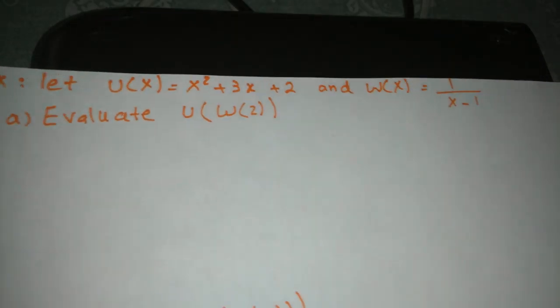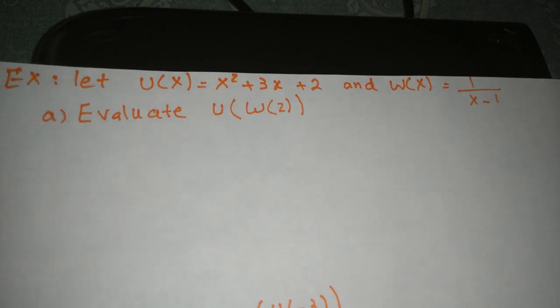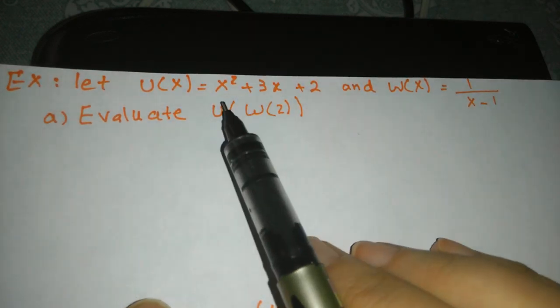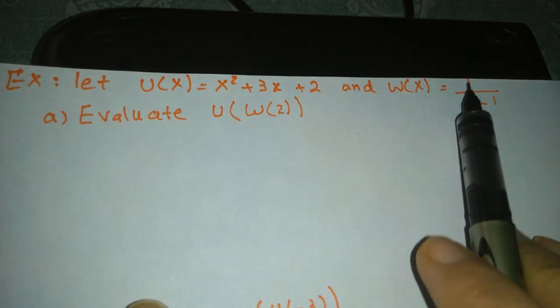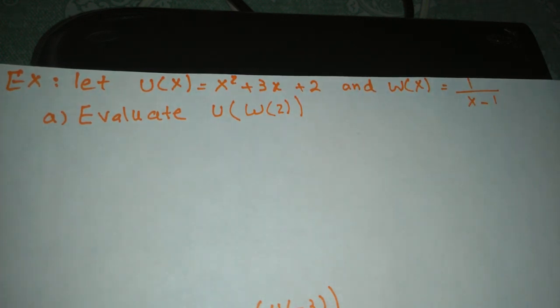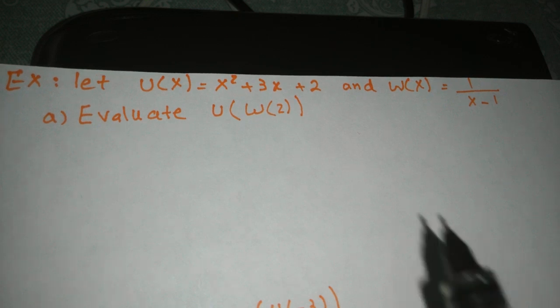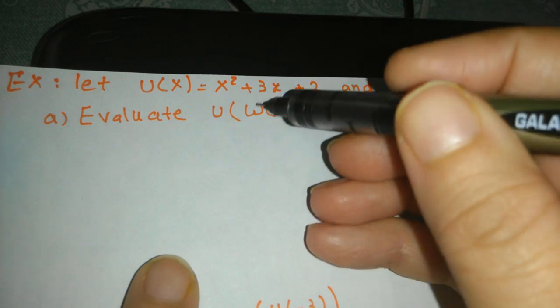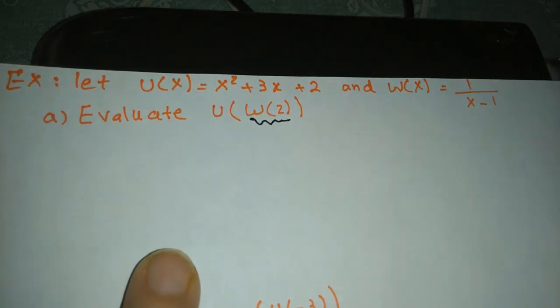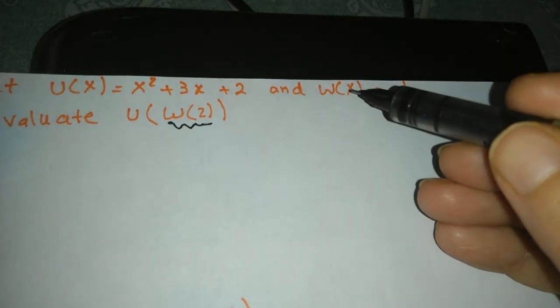Okay, next example. Let u of x be x power 2 plus 3x plus 2 and w of x be 1 over x minus 1. I want to find u of w of 2. One way I can do that, I just directly find w of 2. This is w of x.